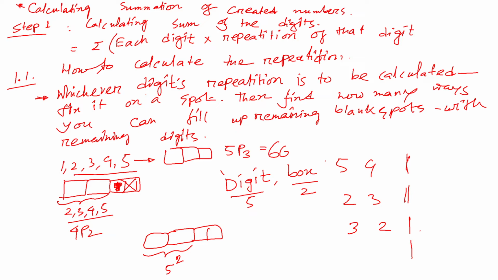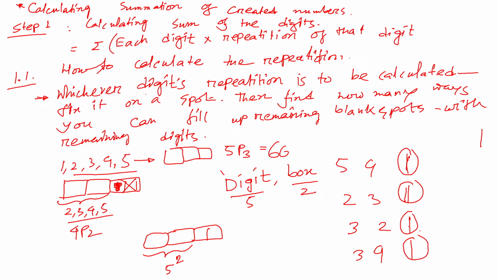Okay, so now I hope you understand what repetition means. Repetition means, say for instance we are making various numbers like 541, 231, 321, maybe 341, but the one's position is being repeated at this particular spot. That is how we are calculating the repetition.